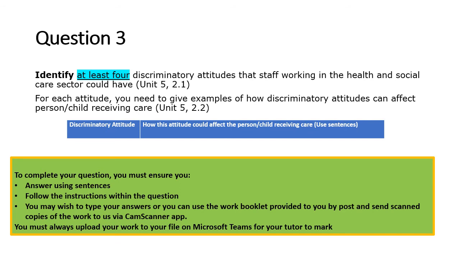So in the left-hand side of the box, you need to use the discriminatory attitude, and then on the right side, you need to write a sentence of how this attitude could affect the person or the child receiving the care. Think about the examples on the last slide, but also think about some of your own examples, and also, making sure you do put it into a sentence.